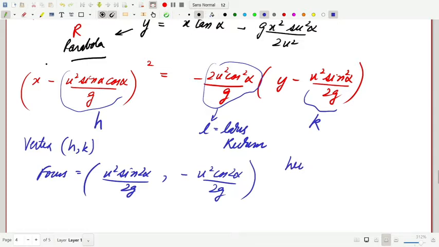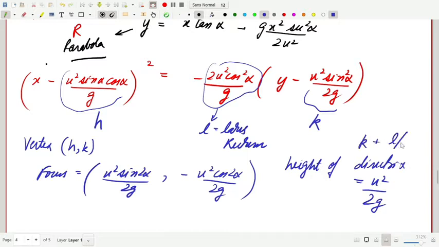The height of the directrix we get is u square over 2g. Basically, by this, k plus L by 4 is the formula.